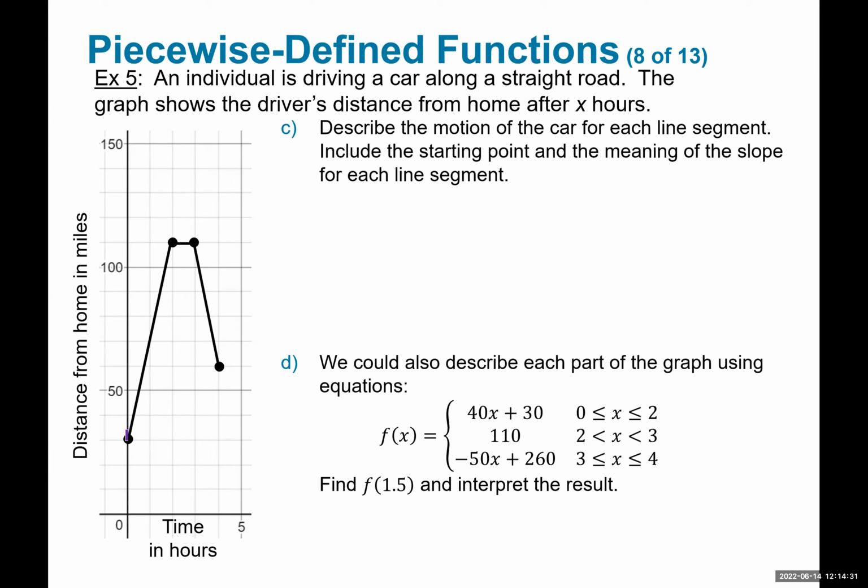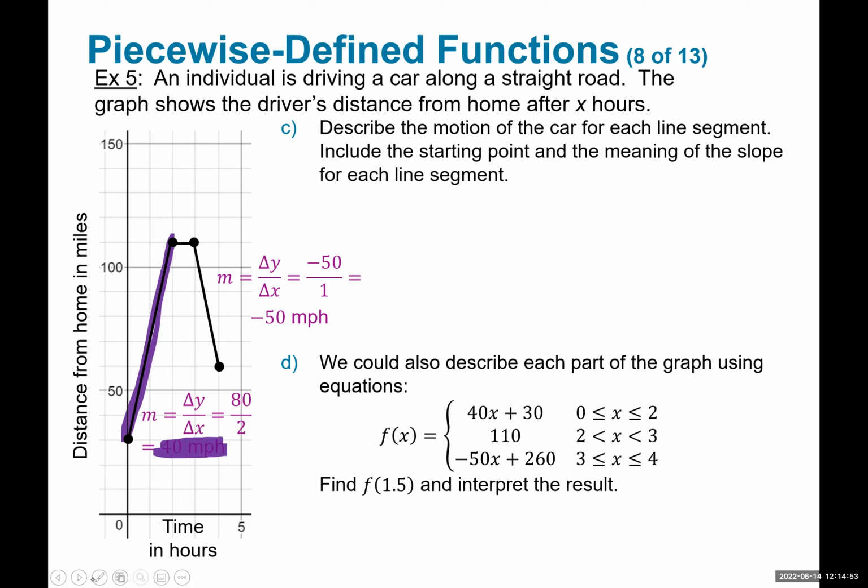So starting at this first piece, from 0 to 2, the slope is 80 because we went 80 miles in 2 hours. So the slope is actually 40 miles per hour.